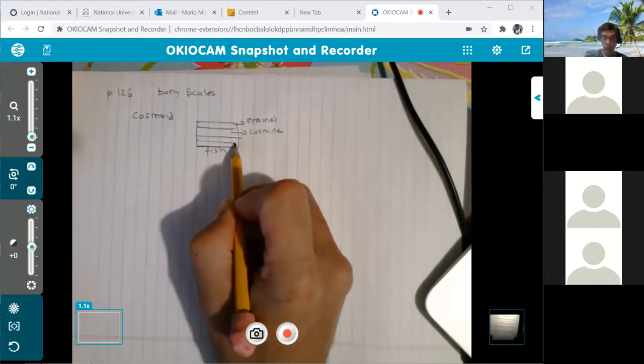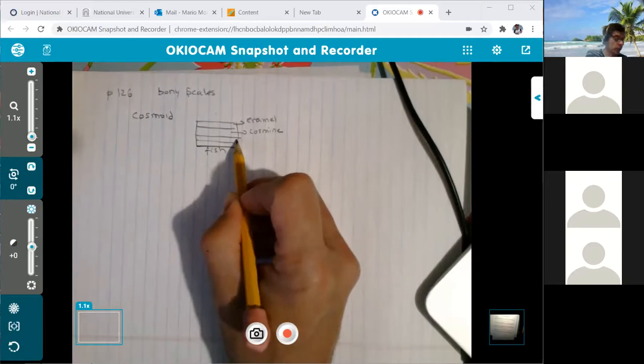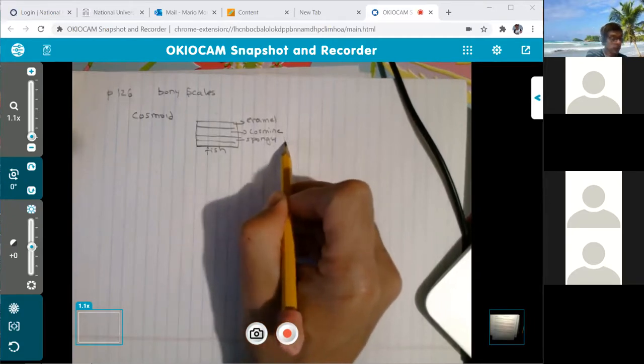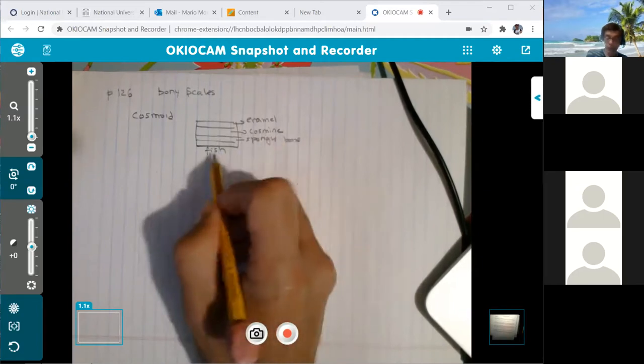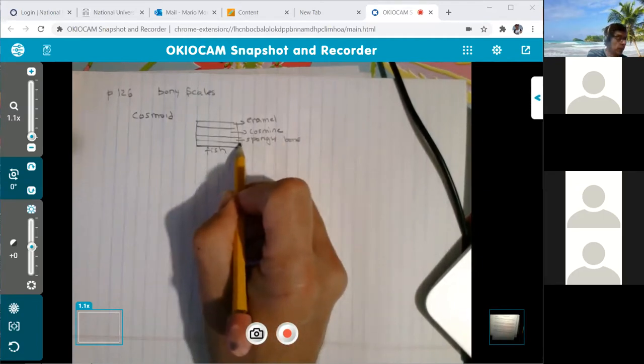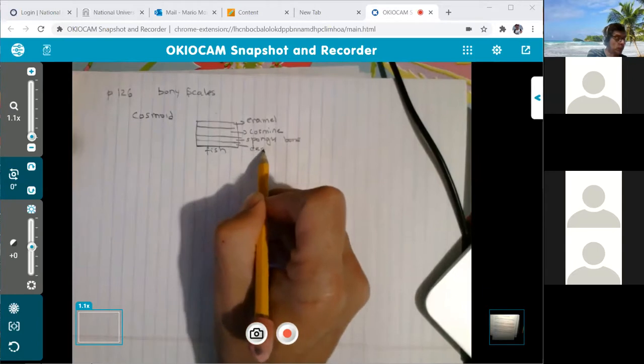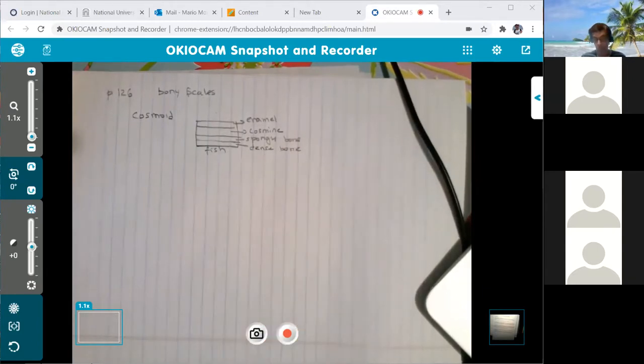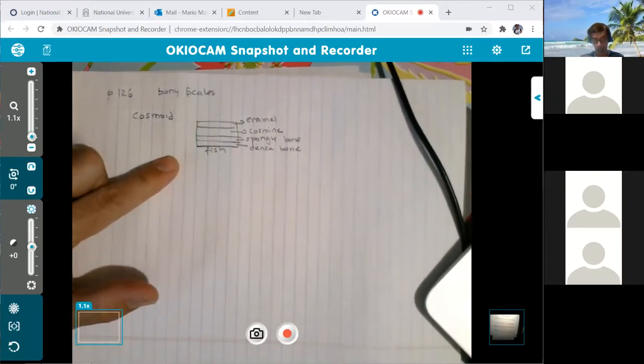The first one is a spongy bone, and then the bottom one is a dense bone. These are found in, remember I mentioned the crossopterygians, the fish that have the bony fins. That's the kind of scales that they have.